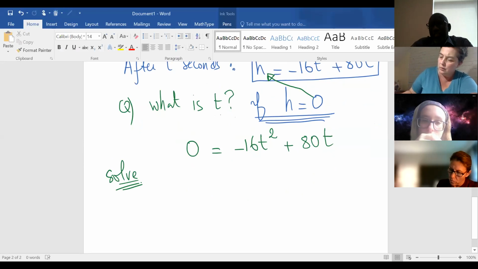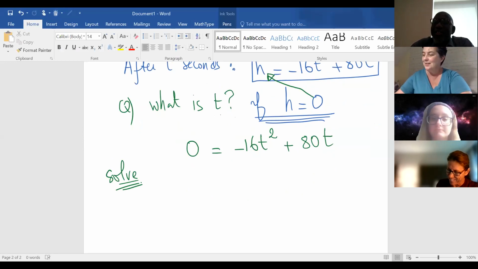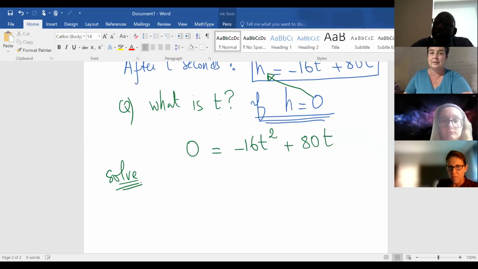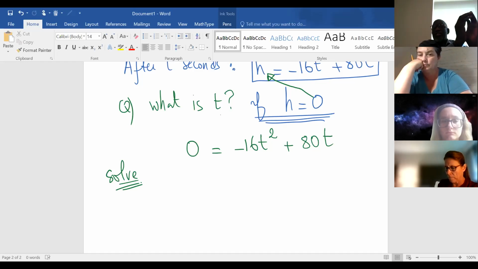Now I'm going to leave it to you to solve this. Do you have 0 on one side? Yes. So since we have 0 on one side, what is the next step? The next step would be to factor. I have 0 on one side, so my next step now would be to factor.